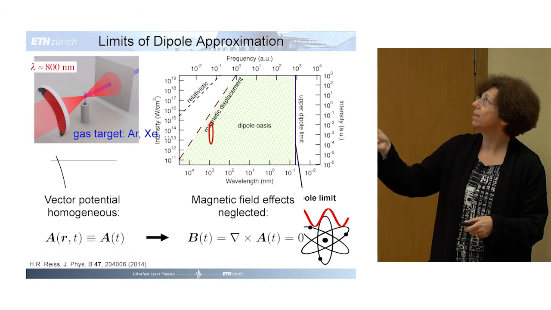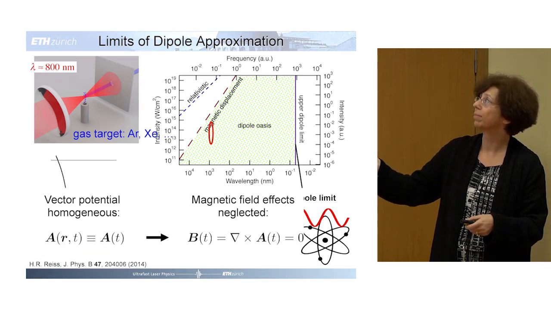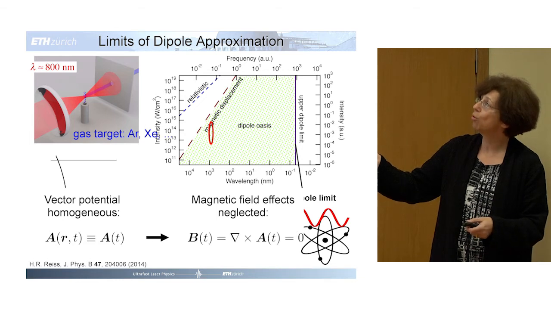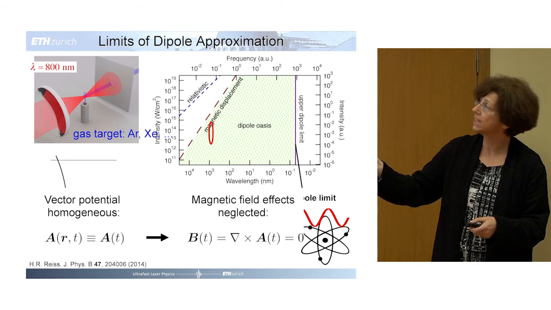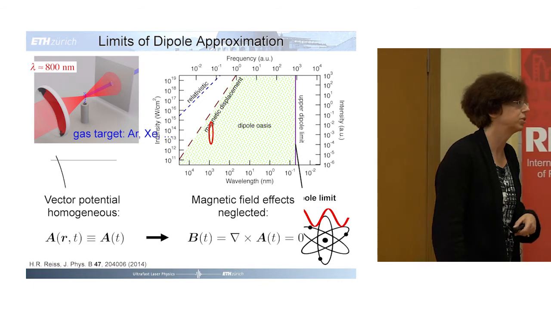So there is an upper limit of the dipole approximation at high frequency, which is well known. But when you go to longer and longer wavelengths, there is actually also a lower limit in the dipole approximation.